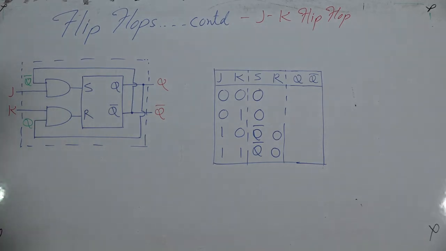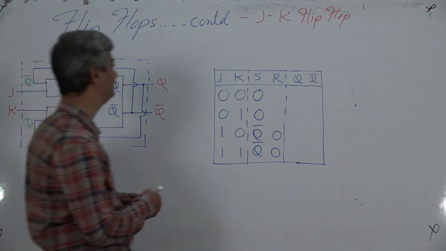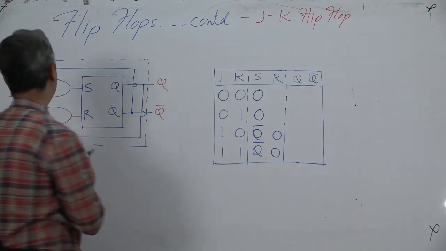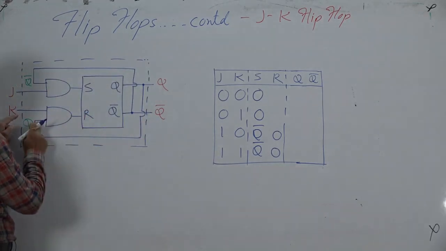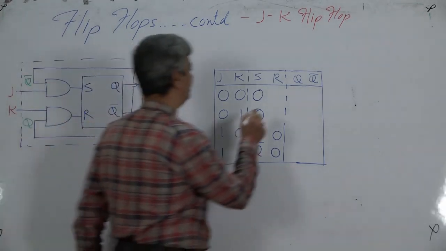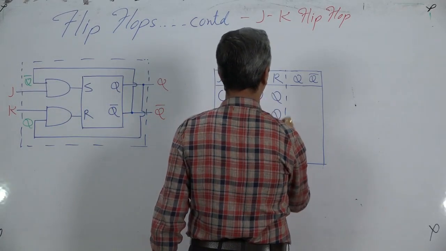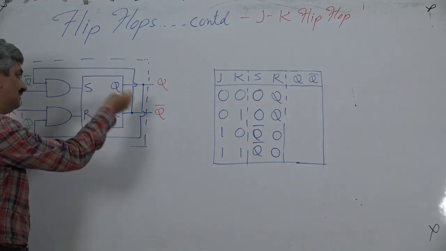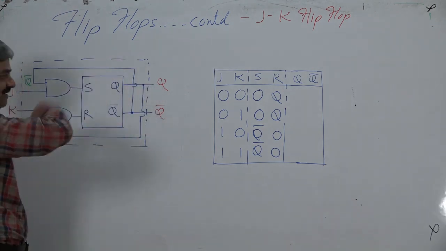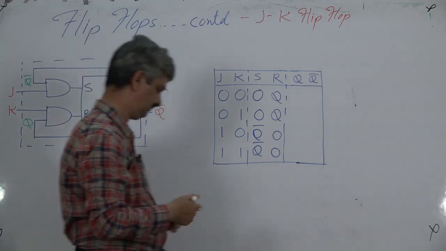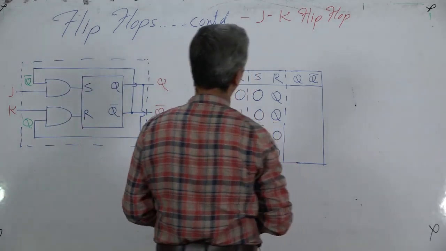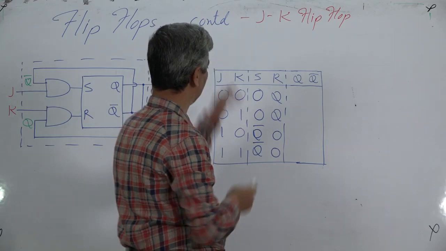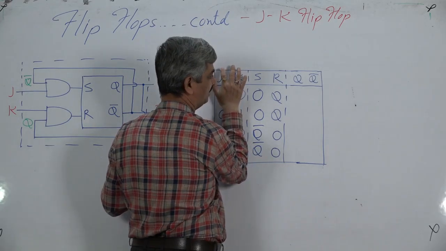When J is equal to 1, I write Q bar as S. And when K is equal to 1, the output depends on the other input, which is Q. So here basically there is feedback inside and there is one more layer of feedback, so it makes a very interesting circuit. Now the purpose of this column is over.